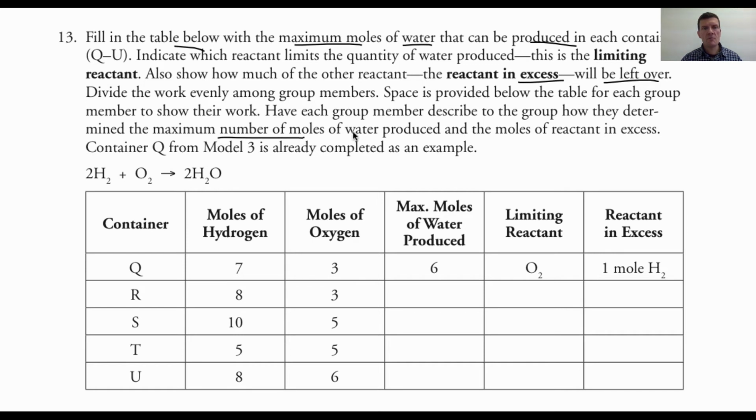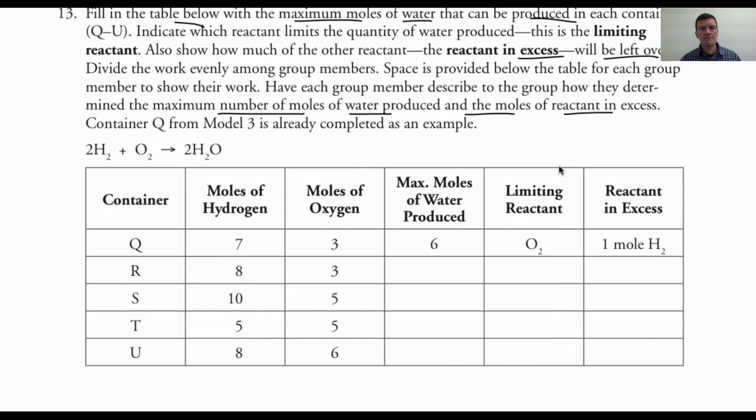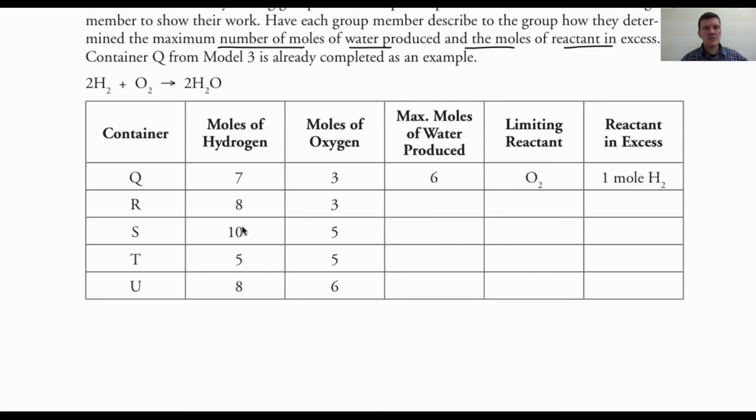And we have here, determine the maximum number of moles of water produced and the moles of reactant in excess. Okay, so if we look at this, we've got 7. Let's remind ourselves of the ratio here. 2 to 1 to 2. If I've got 7 moles of hydrogen, if I use all 7 of those, it would use up half as much oxygen.